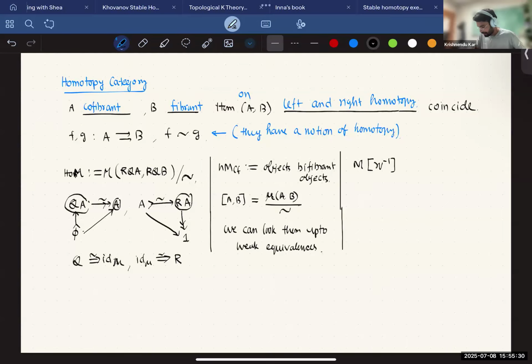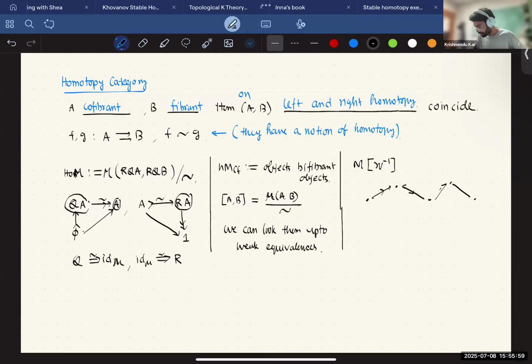And the third category that we can define is by inverting your weak equivalences with the localization functor. This means that we are looking at all the zigzags. So boom, boom, boom, boom.